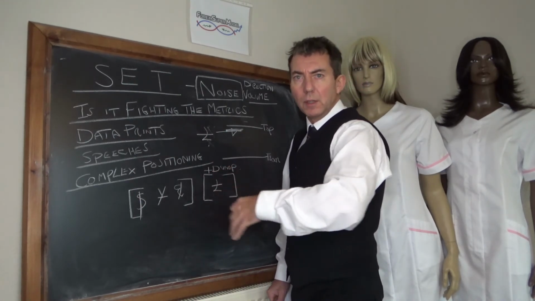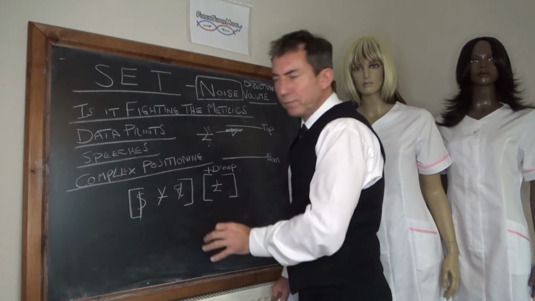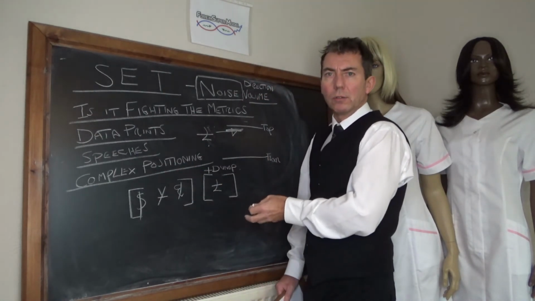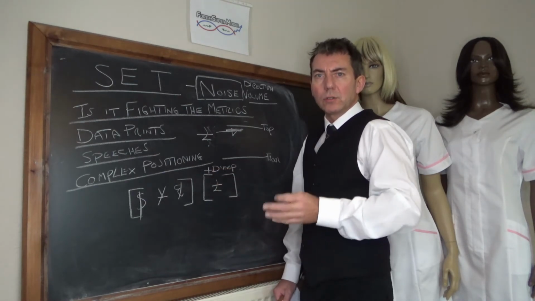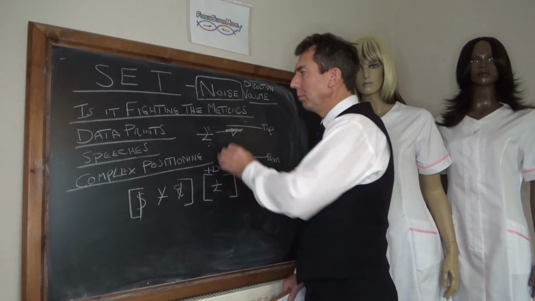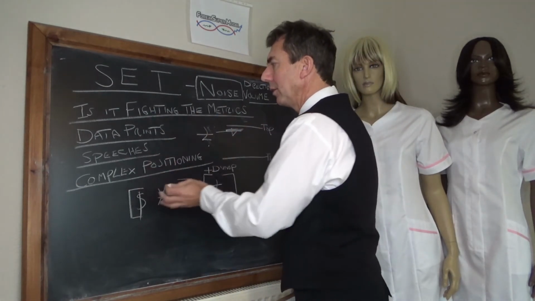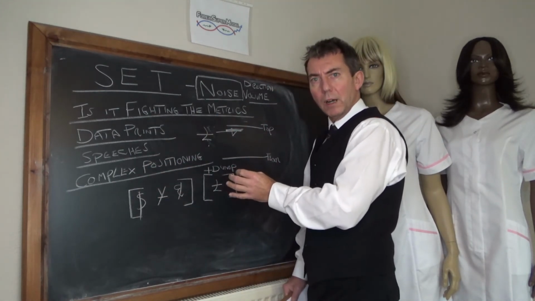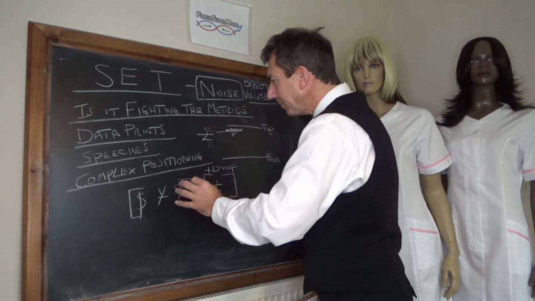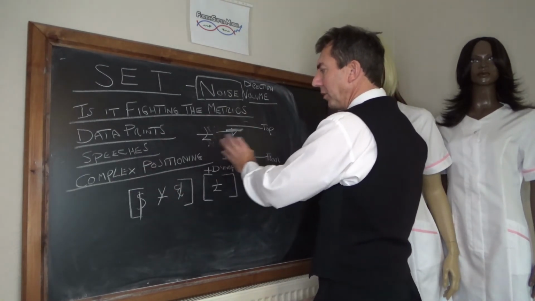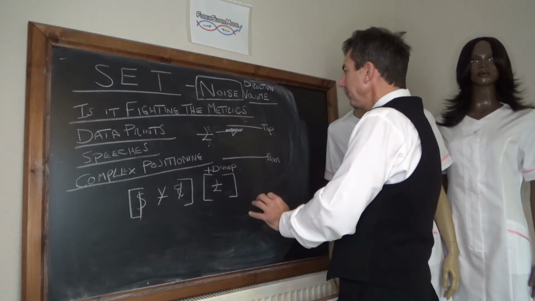Rather than modelling the whole thing like we do, you could get a feel for where the dollar is via the dollar index. It's not totally reliable, but it's a start. So you want to get a feel for where the dollar is, where the dollar primary pairs are. Are they fighting the metrics? Then you've got a feel for the complex positioning.